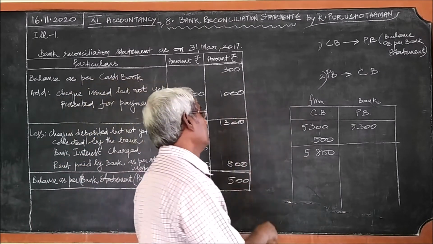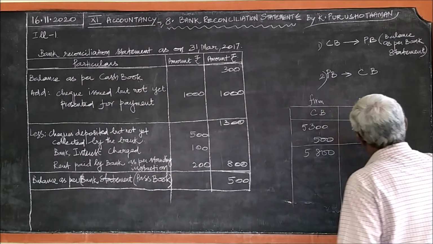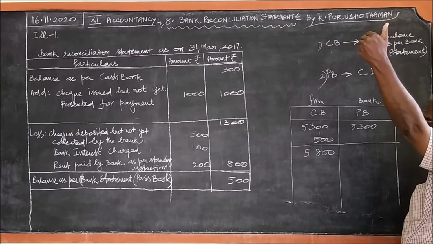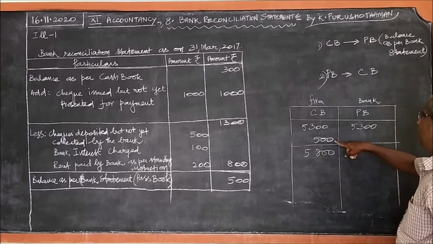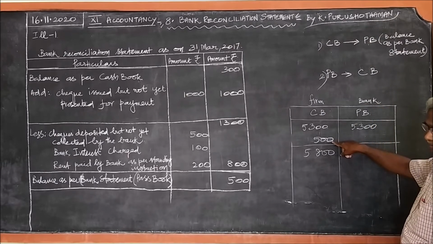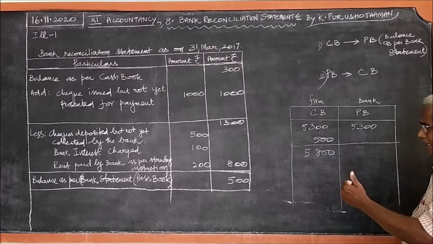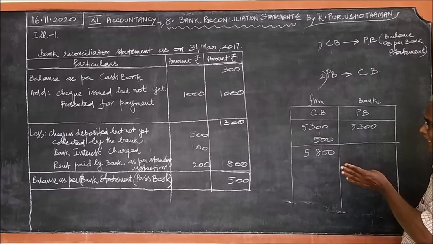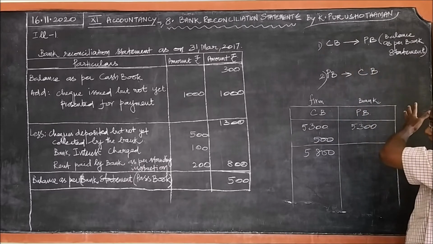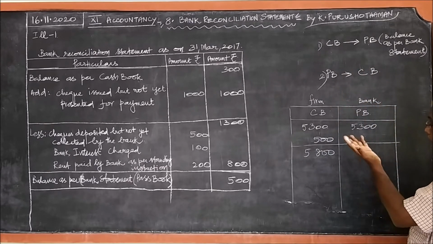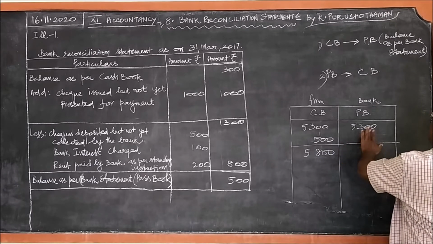After that only the passbook will show the entry. In the cash book, as soon as I receive the check, I will pass the entry. But if the same check is sent to the bank, the bank will collect the amount from the different banks to which the checks belong, and afterwards only the entries will be passed.